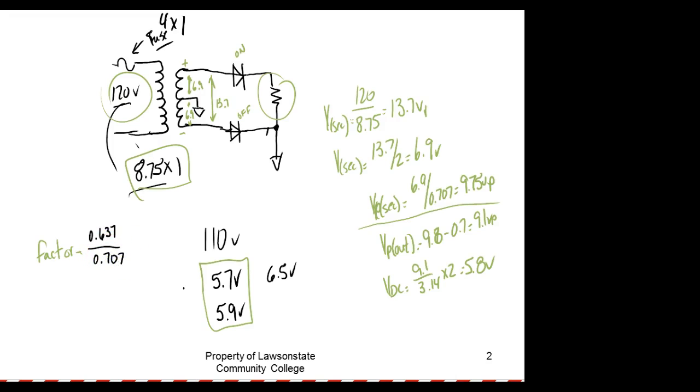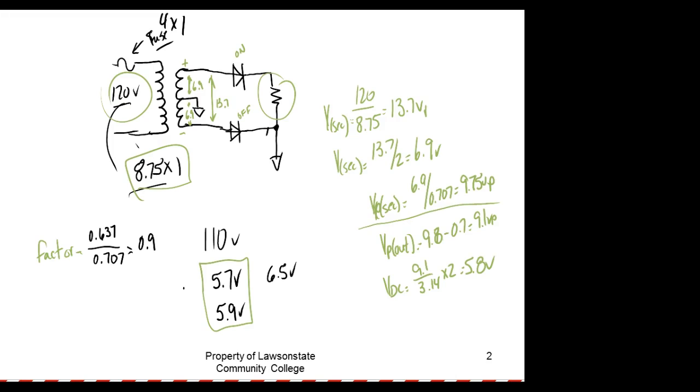Now, hopefully you see what they've done. They've multiplied both of them by 10. If you multiply both of them by 10, you get the same answer as if you don't multiply by 10, right? But these are the numbers we taught. So what they're saying is that I can take this factor between my DC average of my output and my peak value of my input, and this comes up to be 0.9.